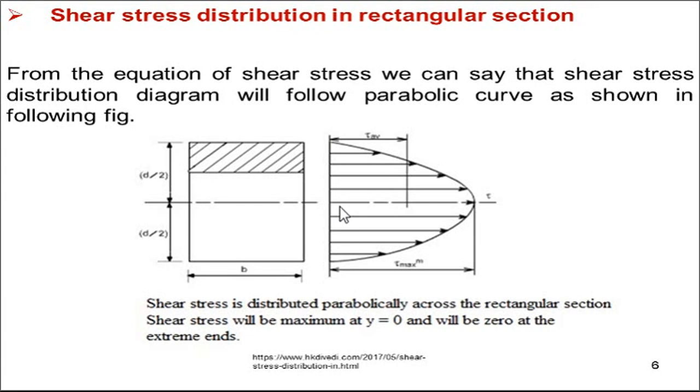It is easily understood whether the section is rectangular or any other: at the extreme ends, where y is maximum, the shear stress is 0, and where y is 0, the shear stress is maximum. Thank you very much.